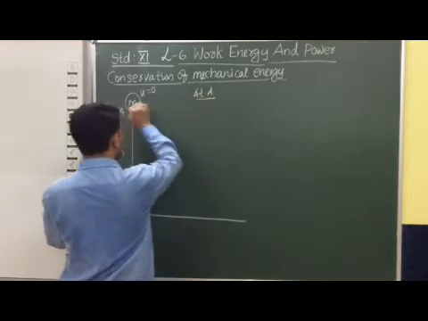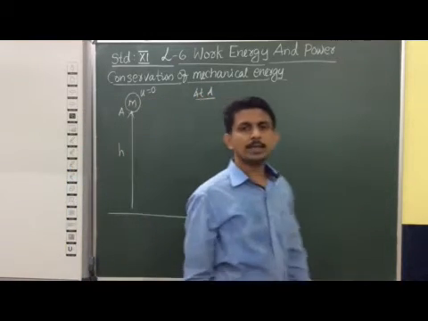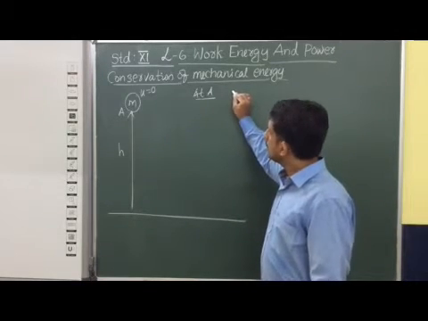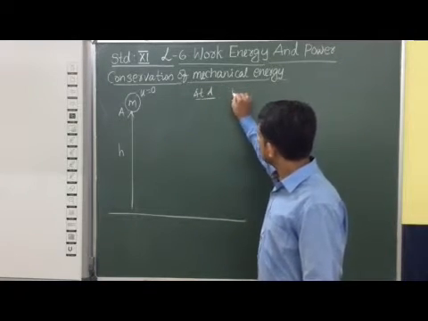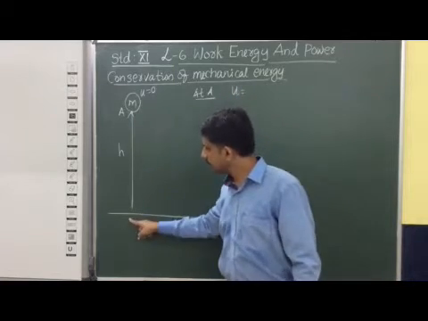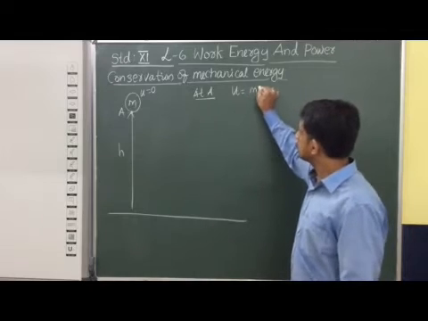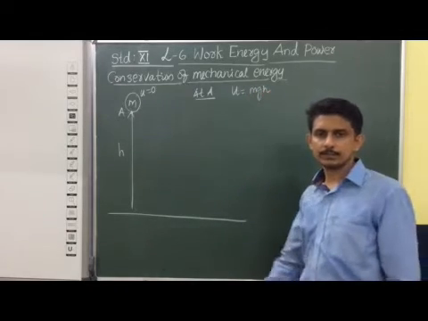We consider this point A. What is the mechanical energy of this system? First you have to calculate the potential energy. This object is at a height h above the ground level, so the potential energy is mgh.